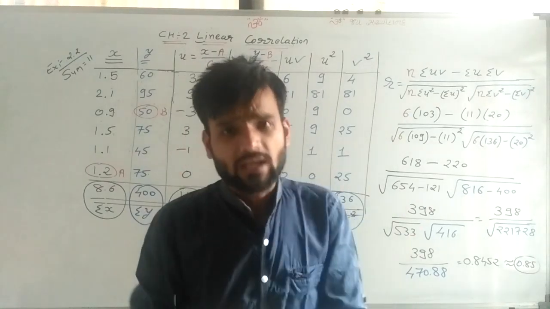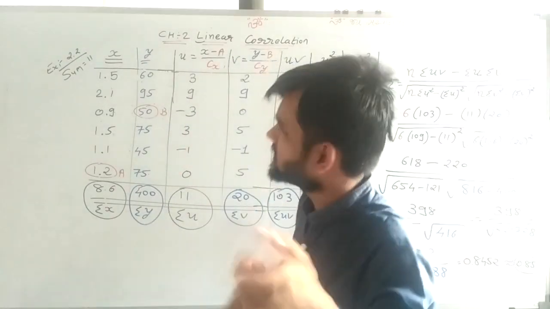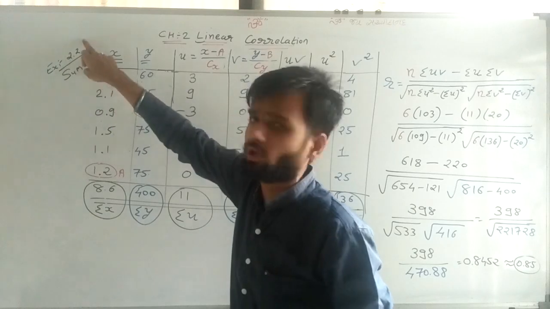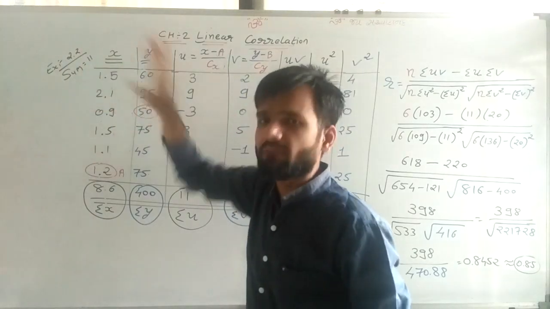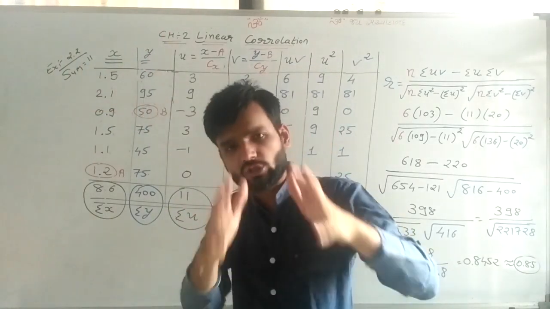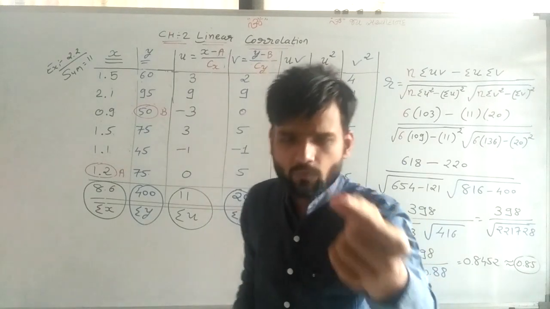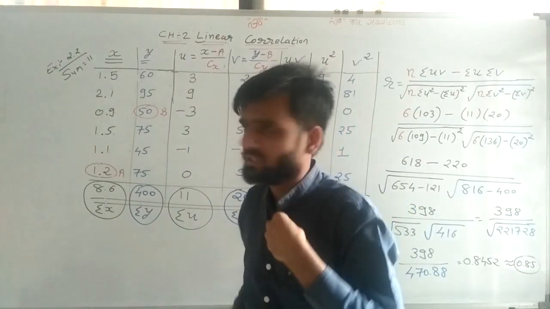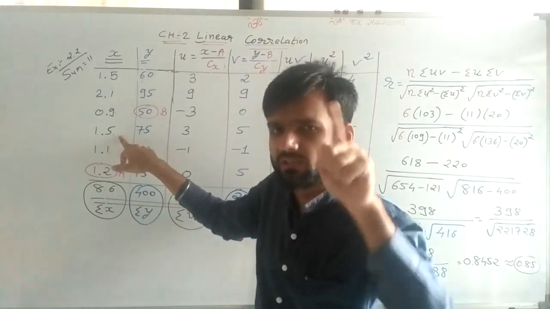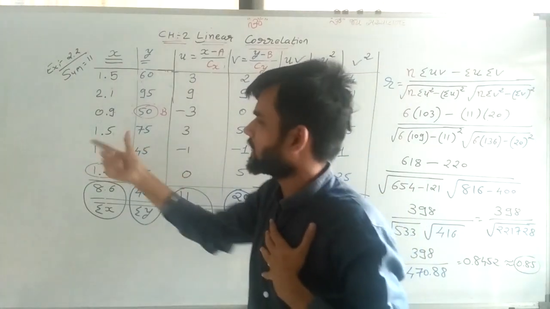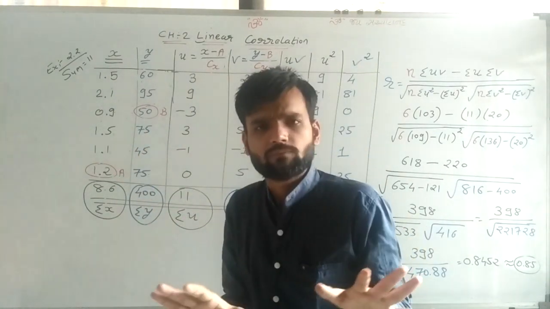And for that I have taken one sum which is given in your textbook, exercise 2.2, sum number 11. Here only one change is done by me: 1.8 is given in your textbook and I have taken 1.5. That's it, nothing else.